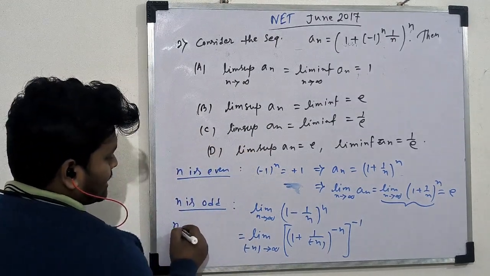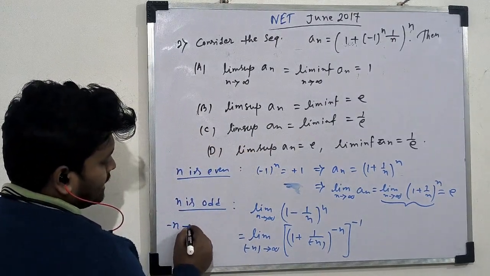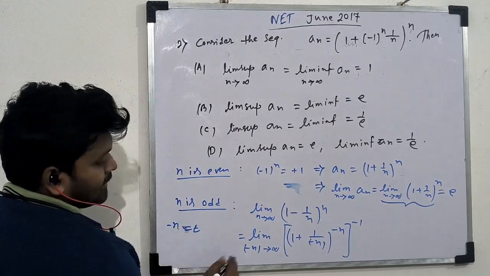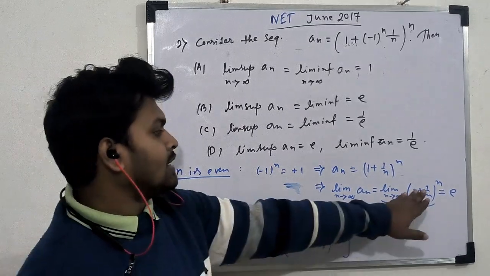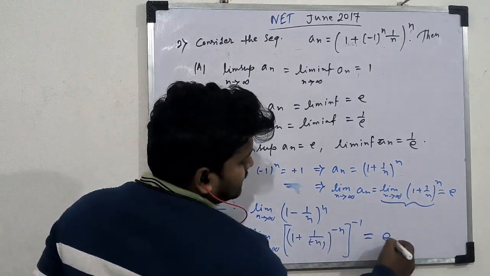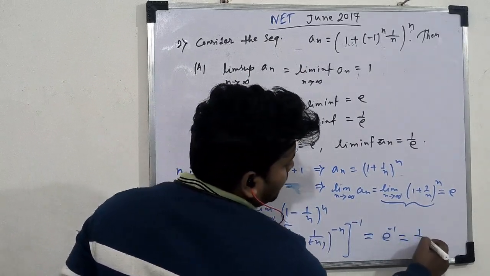Or you can put minus n equal to t, then from this we get the similar result but to the power minus 1. Therefore from this we get e to the power minus 1, that is 1 by e.